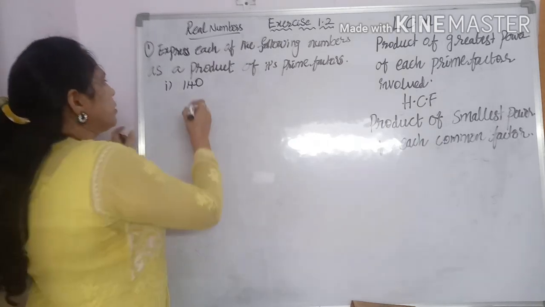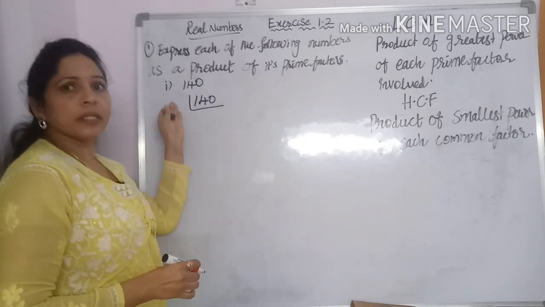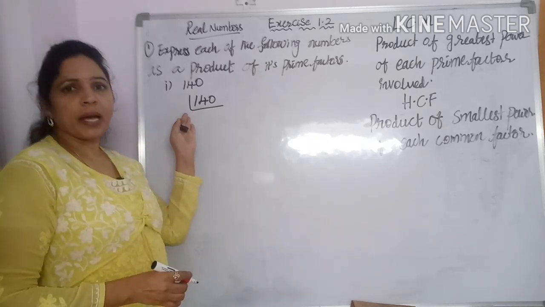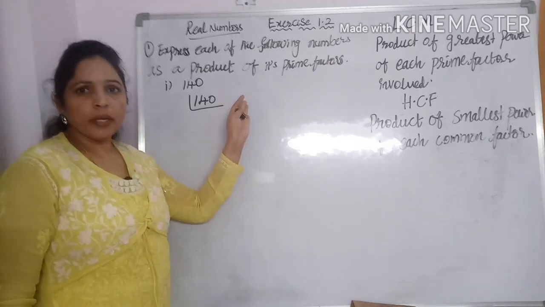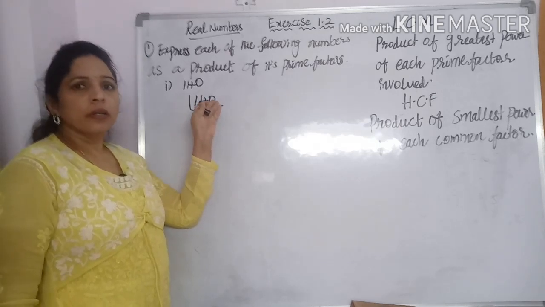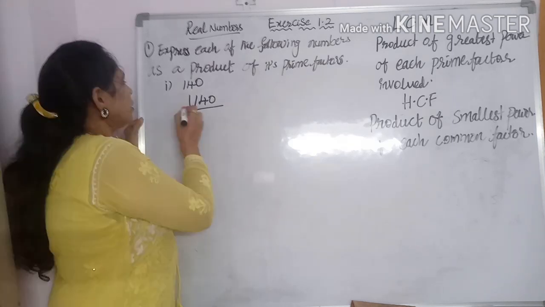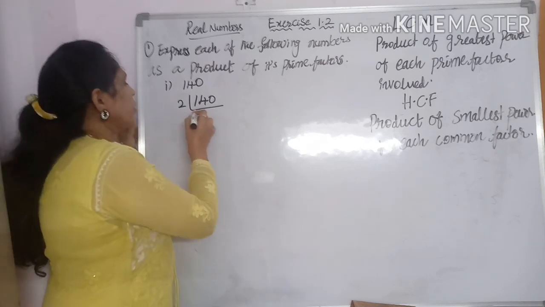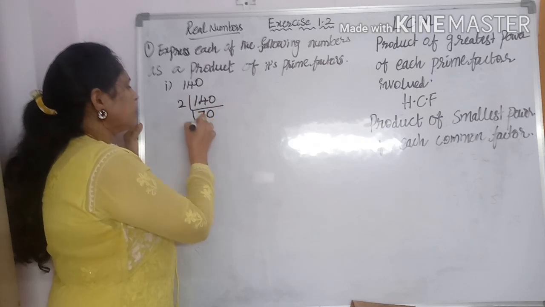When you do prime factorization, we shall do this by the division method. Here, you can use all divisibility rules. When you have 0 in units place, you will take 2 or 5. Here I am taking 2, which is the lesser number. 2 7s are 14, then 0.